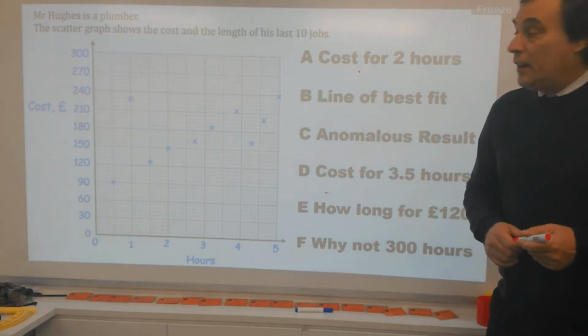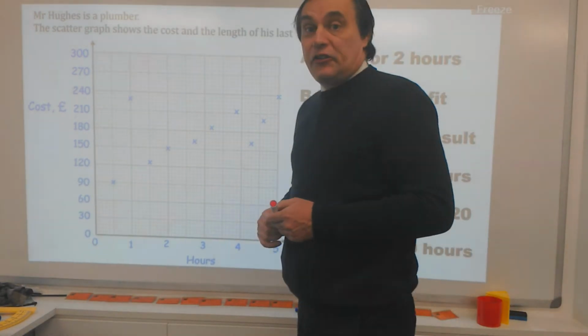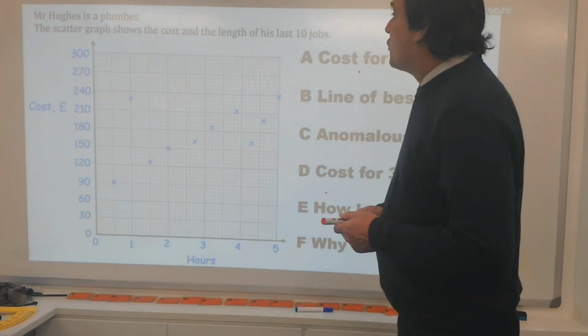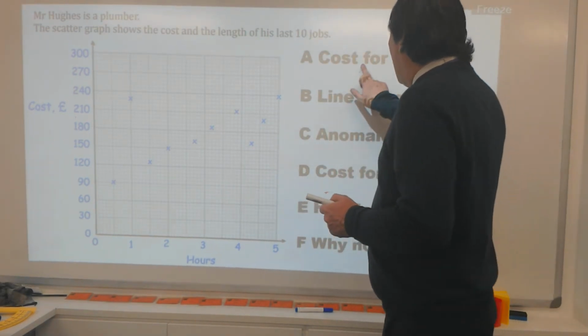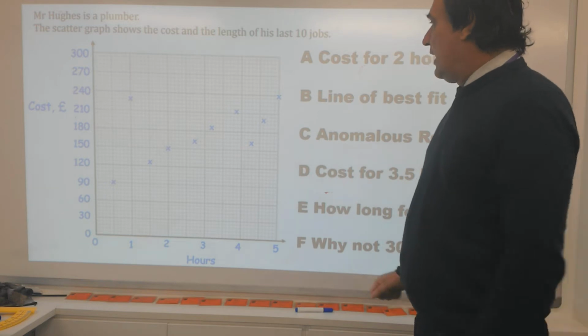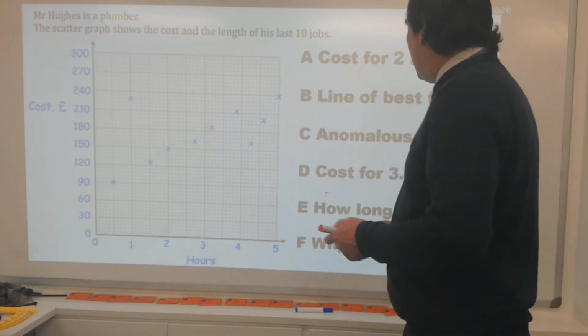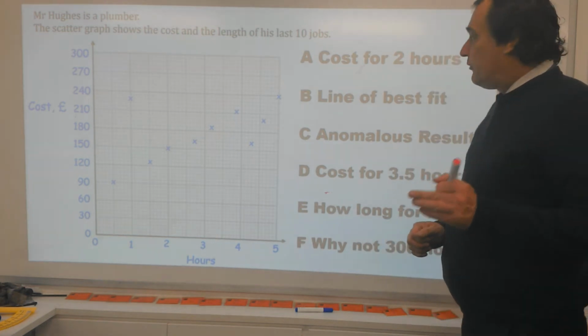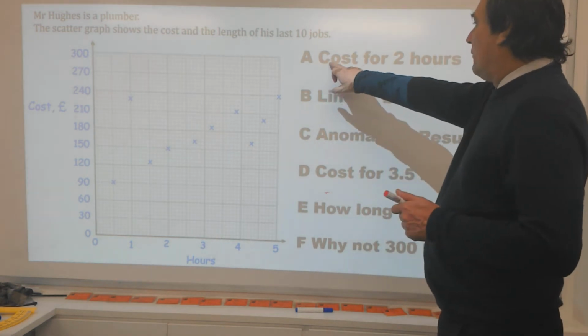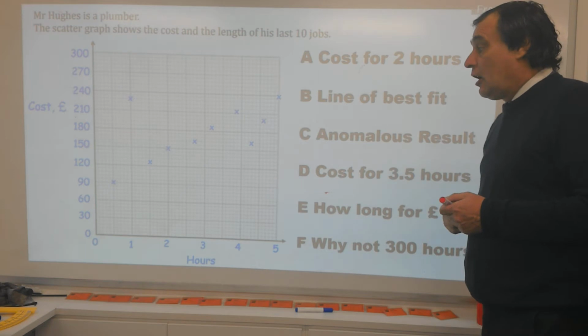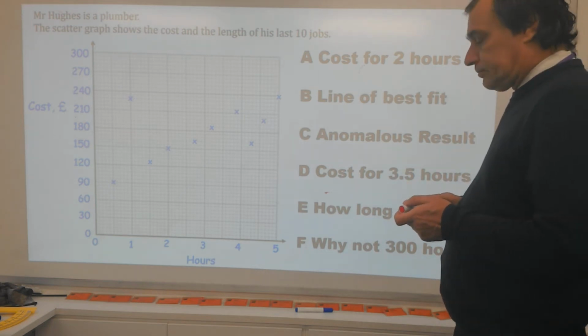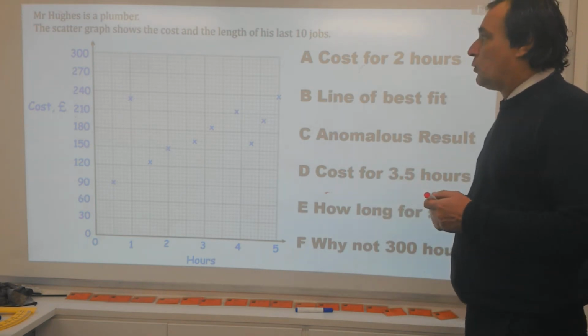The topic we're going to look at this morning is about interpreting correlation graphs. Now, if you see this graph that's been drawn out here, there are a few things that we've got to find out from this graph, or possibly about the graph as well. First thing I've got to find out is, for A, the cost the plumber charges for 2 hours work.